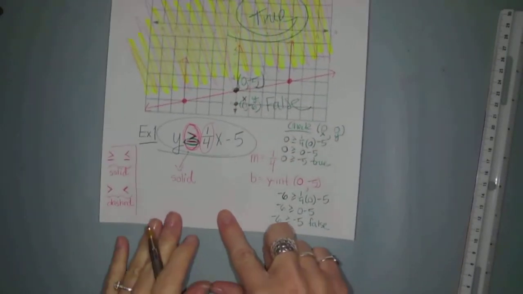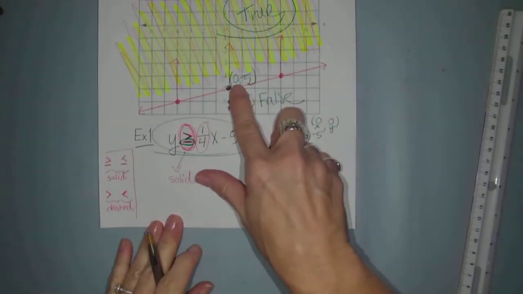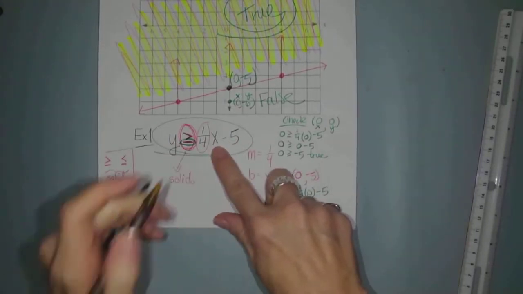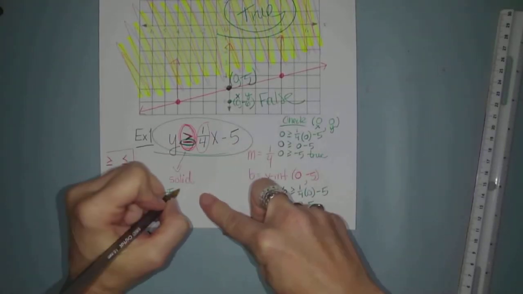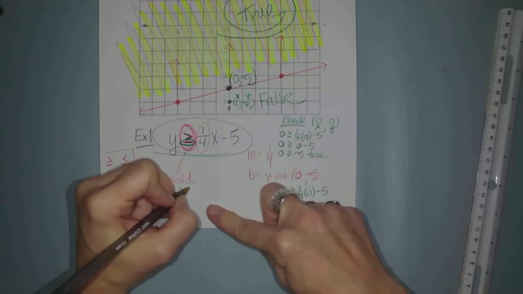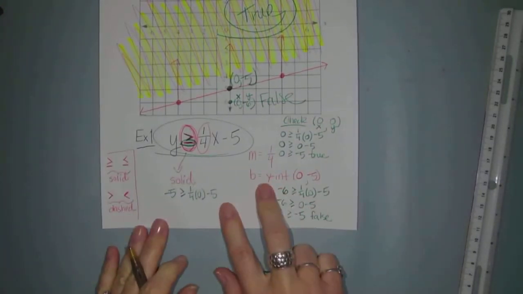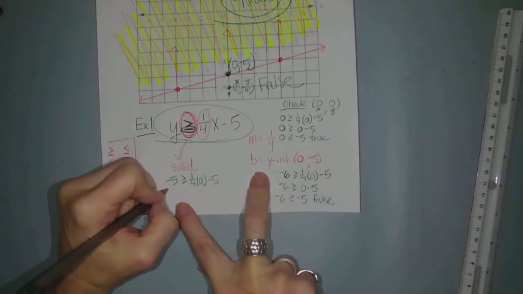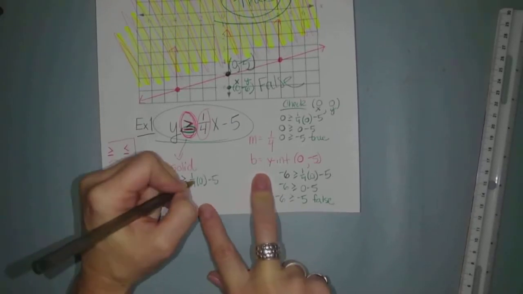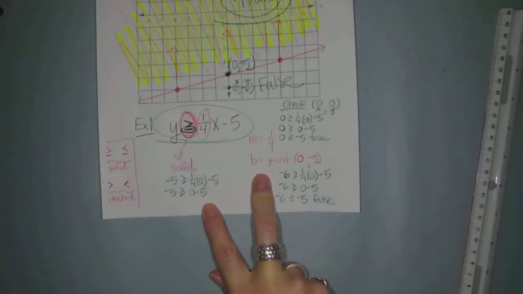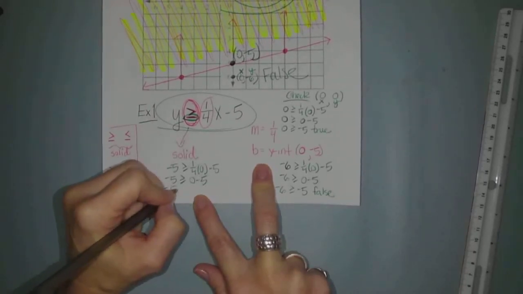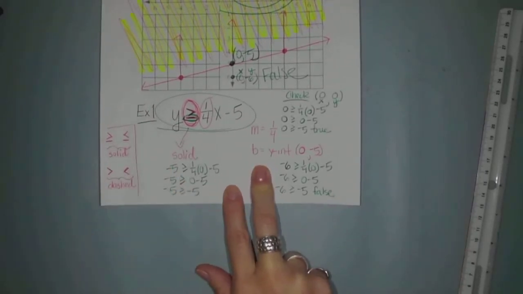So if I come down here and check that point, 0, -5, then plugging into here, I would have -5 is greater than or equal to 1/4 times 0 minus 5. And so -5 greater than or equal to 0 minus 5 gives me -5 greater than or equal to -5.